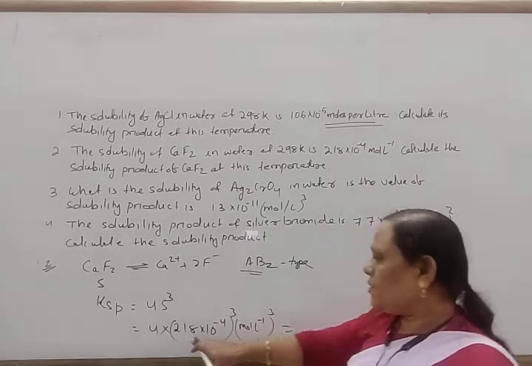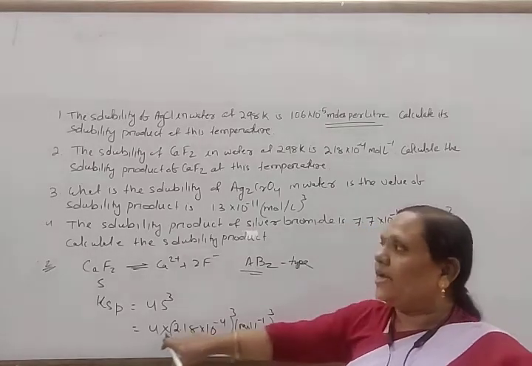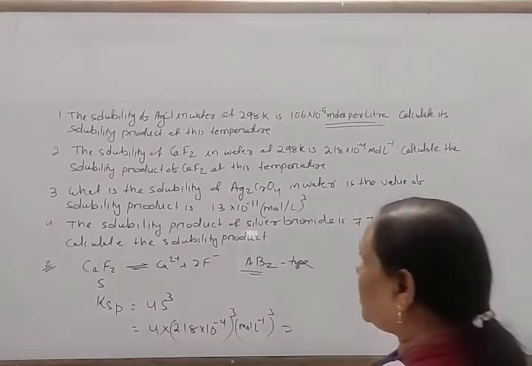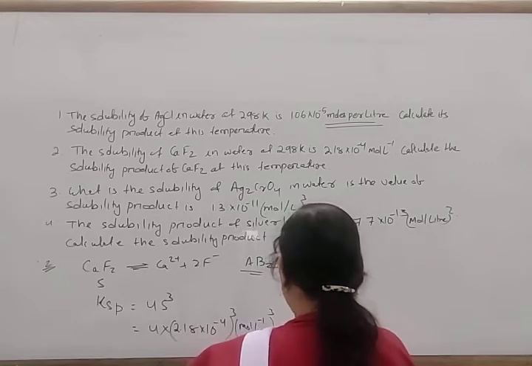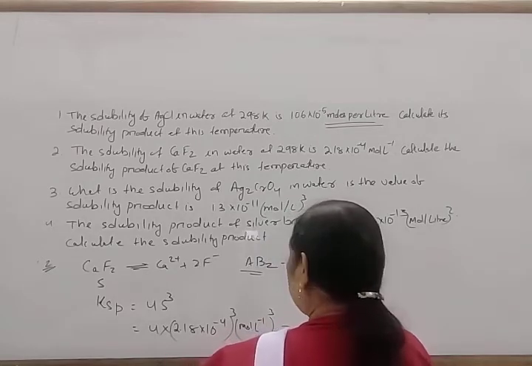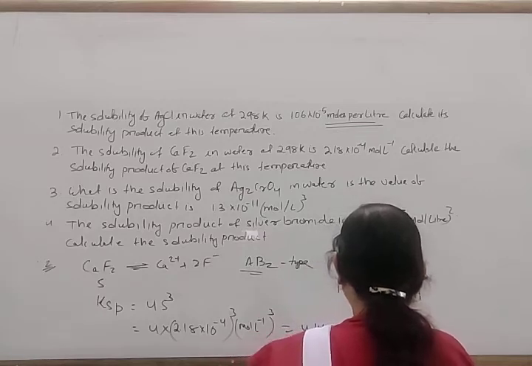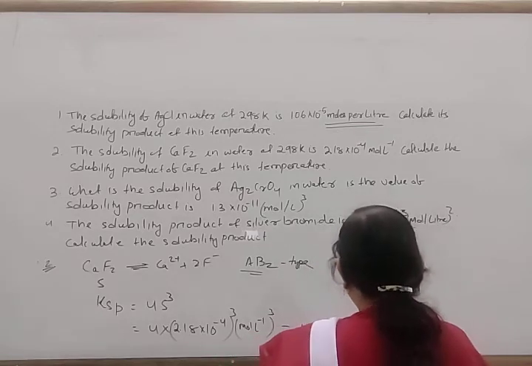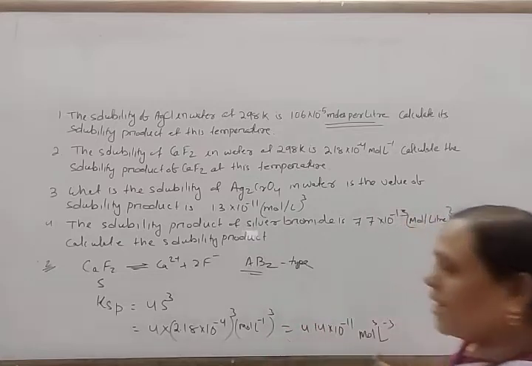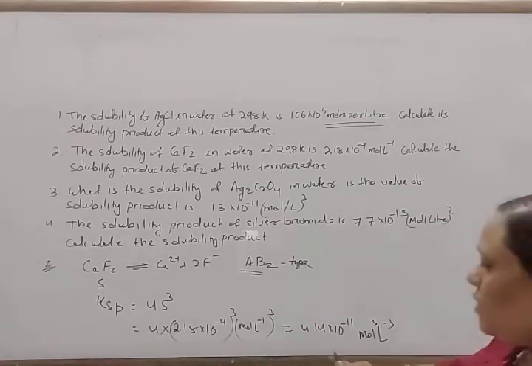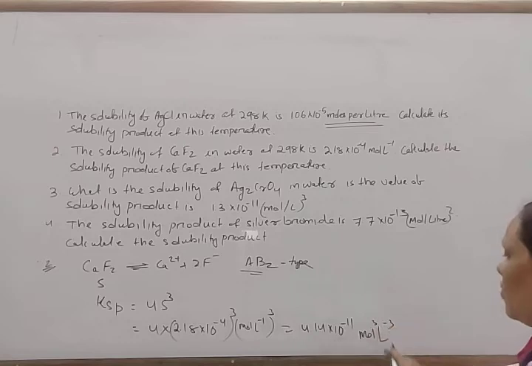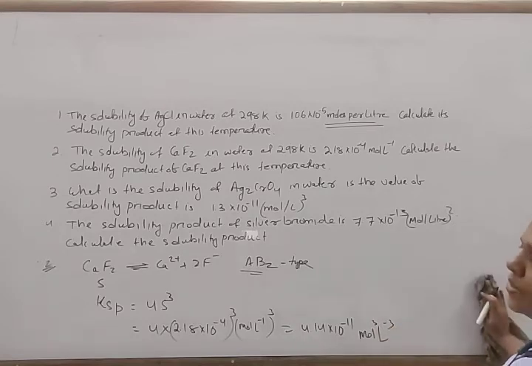You calculate the cube of this and then multiply by 4 and you will get the answer 4.14 into 10 to the power minus 11 mole cube per liter cube.